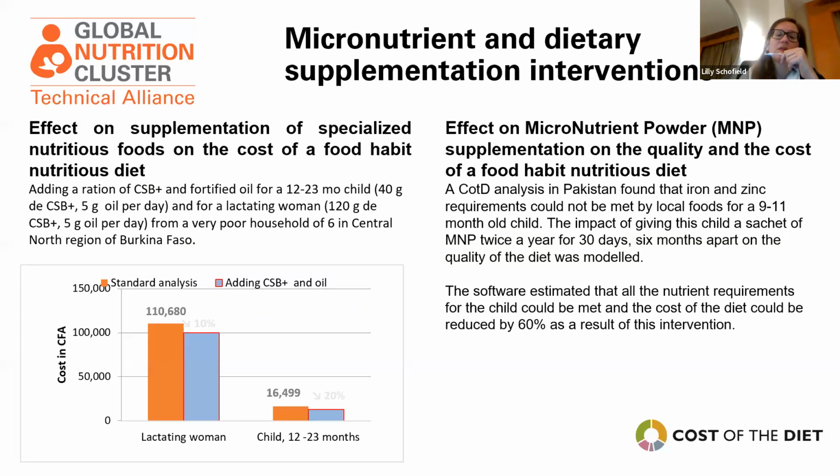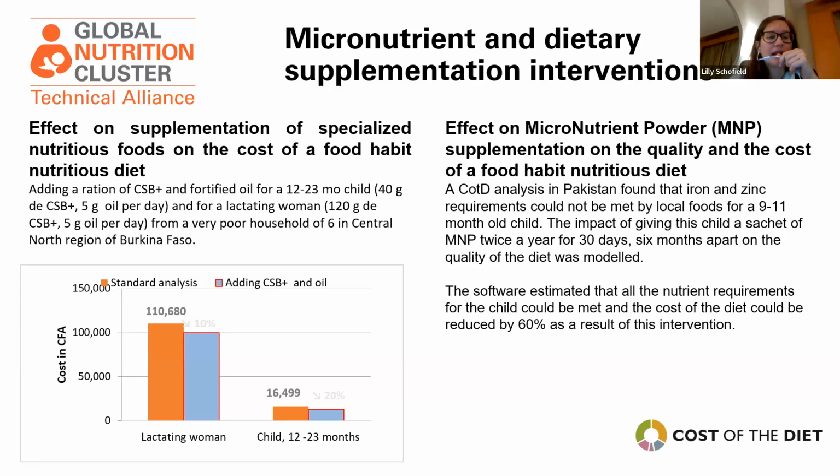So another thing that we can do within cost of the diet is model the impact of different micronutrient or supplementary dietary interventions. These are 2 different examples. The one from Burkina Faso is modeling the impact of a relatively standard CSB plus and fortified oil ration on the cost of a diet for breastfeeding women and a child 12 to 23 months.